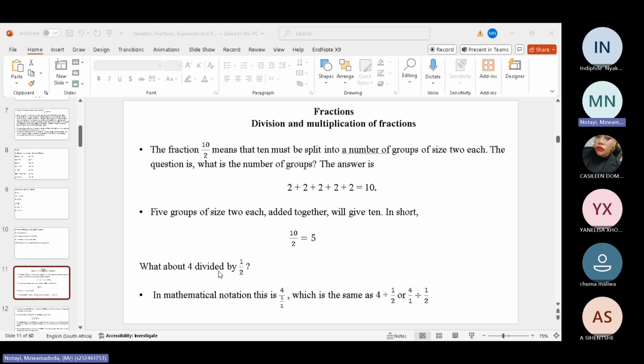So what about 4 divided by 1 over 2? In mathematical notation, this is 4 divided by 1 over 2, or 4 over 1 divided by 1 over 2.